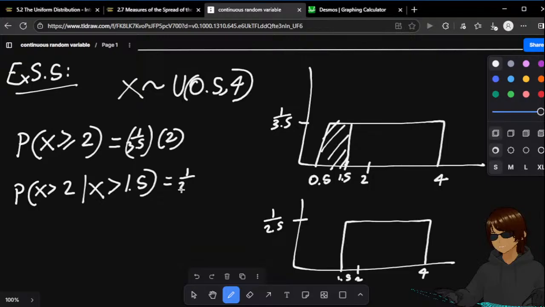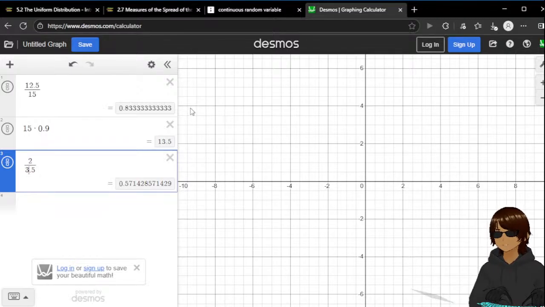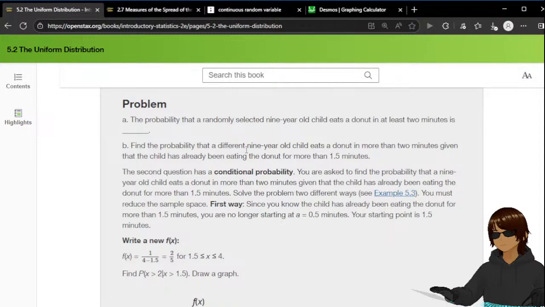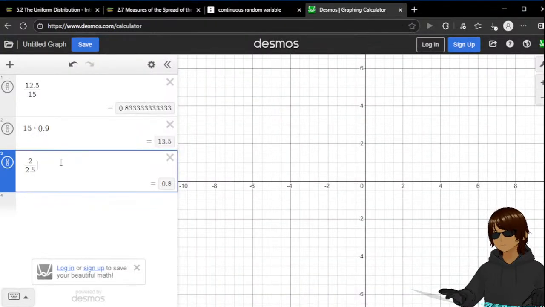So we have this and the base. Let's see, which is 0.8, 4/5.